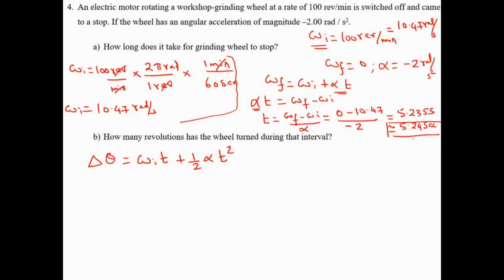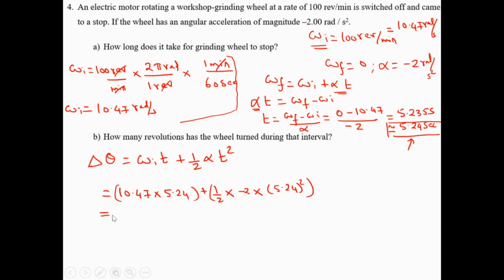So here I'm going to substitute the time as this value. Our time is exactly equal to 5.24. Substitute the values here. Initial angular speed is 10.47 multiplied by 5.24, plus half multiplied by alpha, which is minus 2, multiplied by 5.24 square.